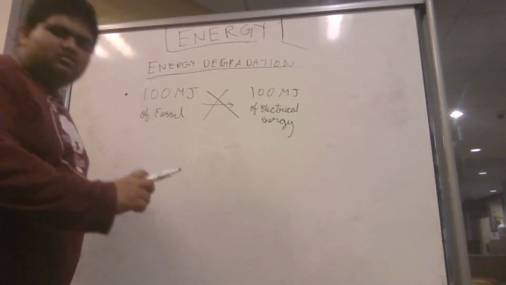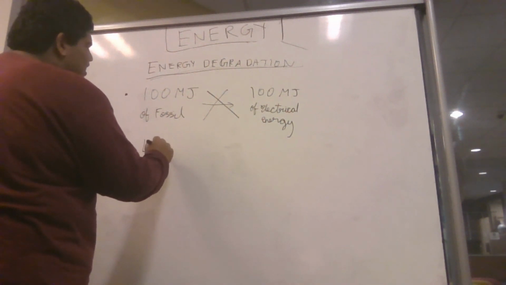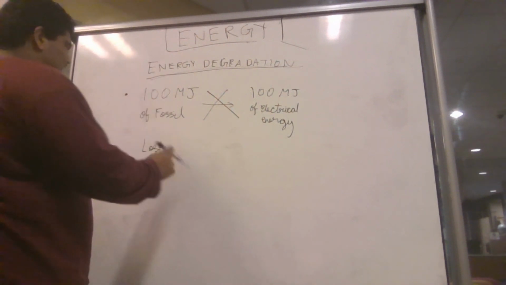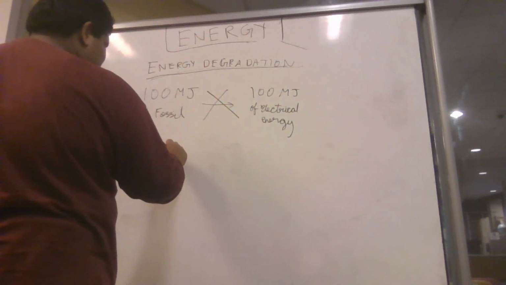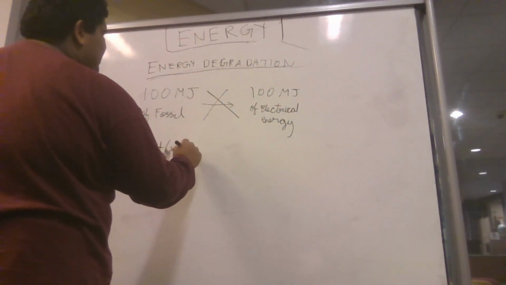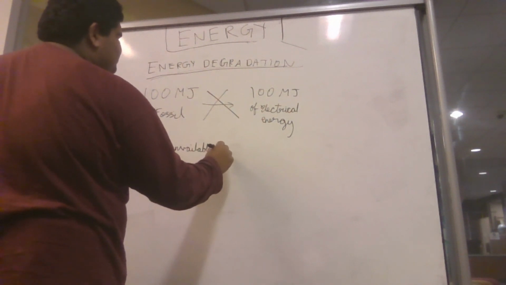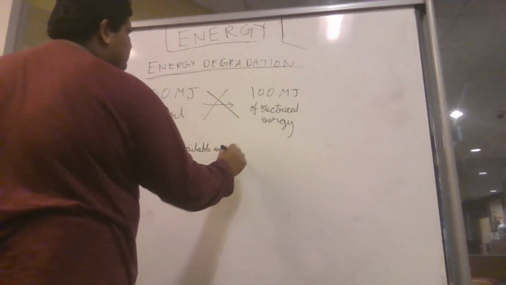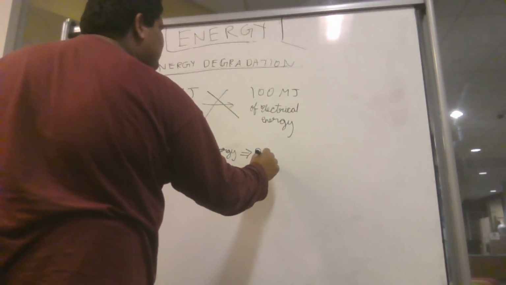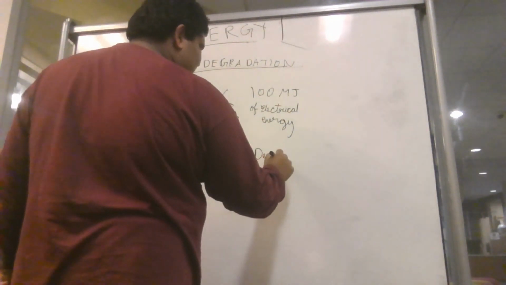The energy that is lost or unavailable is called degraded energy.